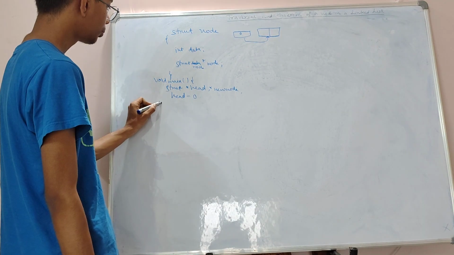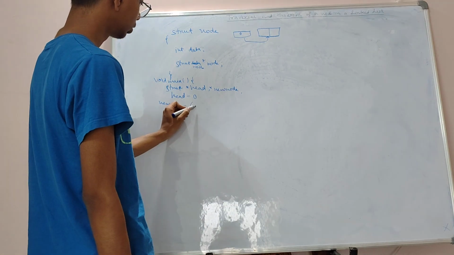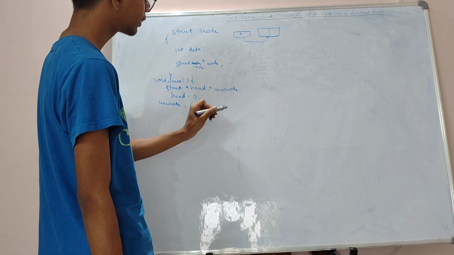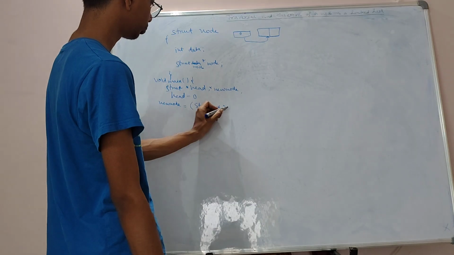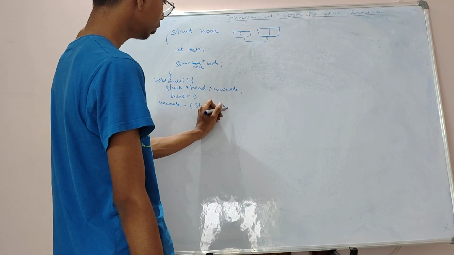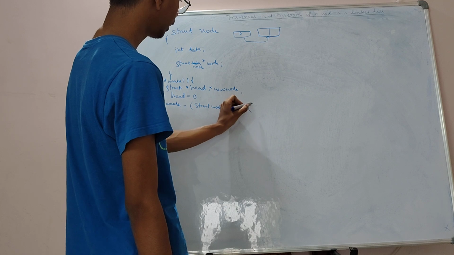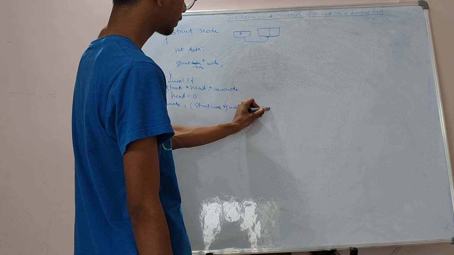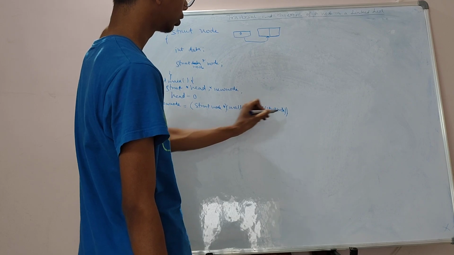So I am writing new node is equal to malloc, and then sizeof struct node, right? This will return the address of the node that I have declared.